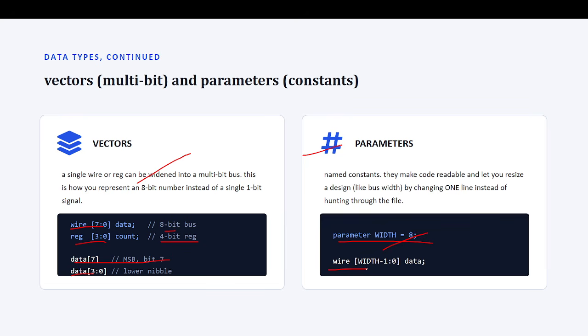This also makes your code significantly more readable, because WIDTH-1:0 communicates intent far better than a bare unexplained number. This is good design discipline and I expect to see you using parameters in your lab assignments going forward rather than hard-coded numeric literals.